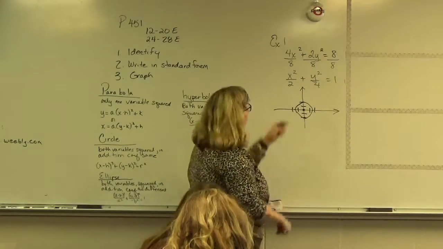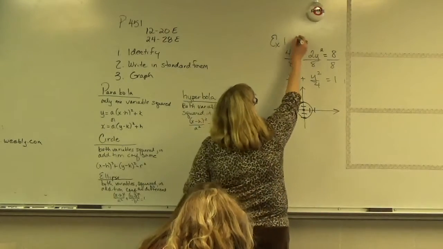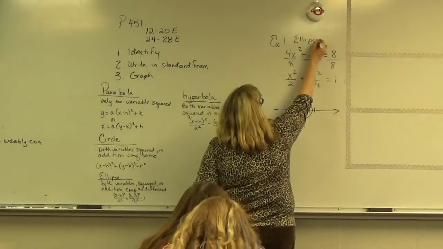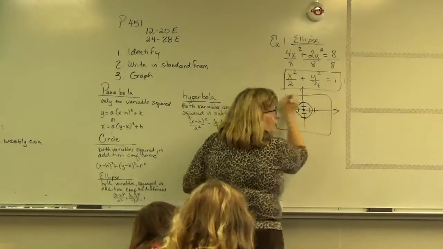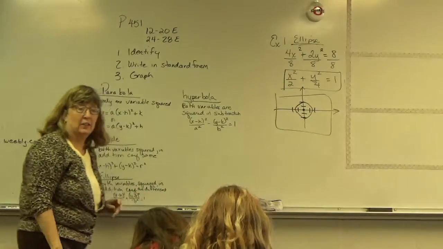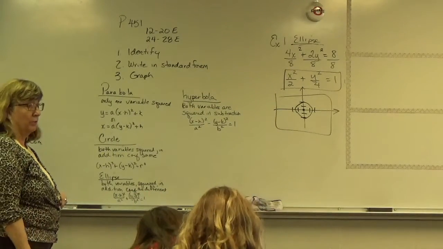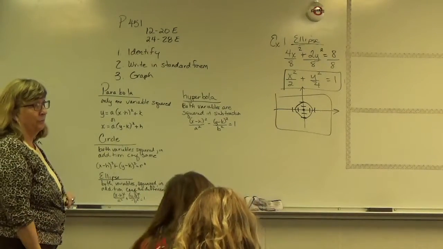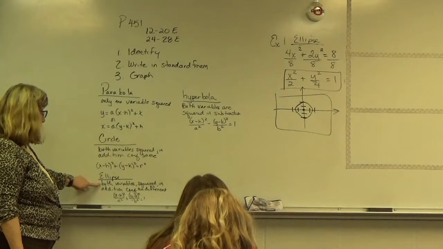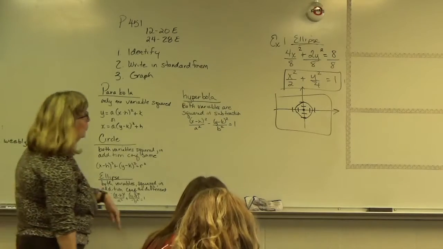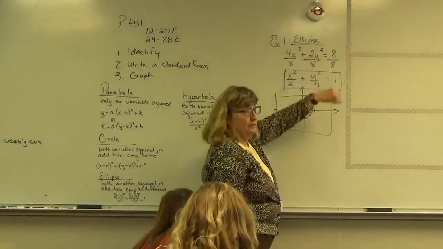So basically, 3 things, and what did we not write up here? Ellipse. I want to see the name, the correct standard form, and the graph. So 3 things on every problem are going to be required. Yes, Nicholas? How do we figure out it was an ellipse? By reading this right here: both variables are squared, in addition, and the coefficients are different. Were both variables squared?